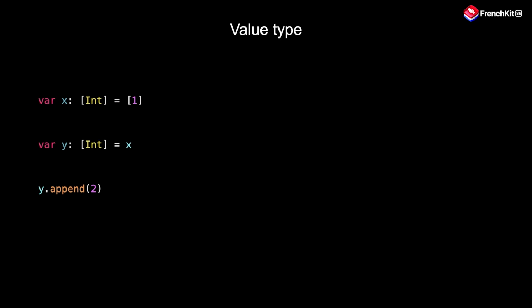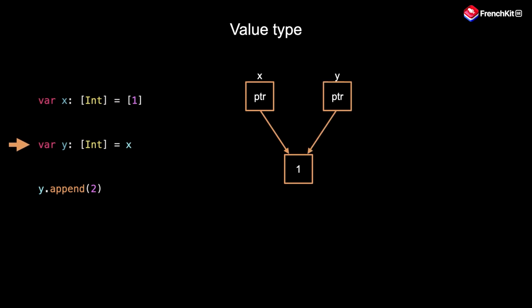So we're creating our variable x, which is an array, and so we're creating a pointer to the memory. And whenever I'm duplicating it in my y variable, I'm duplicating only the pointer, and both point at the same memory space. But whenever I want to modify my y variable, I want to keep value semantics here.